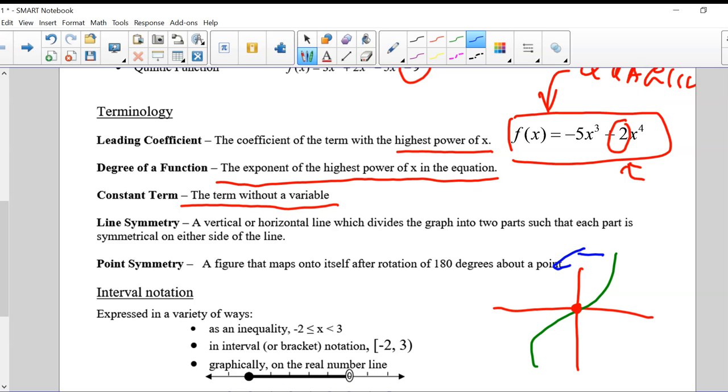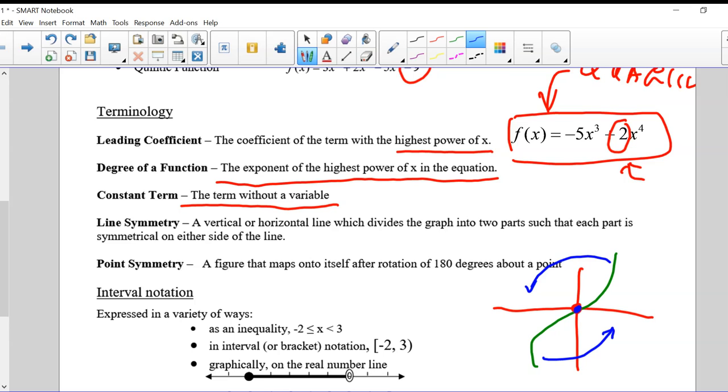Oh, well, that looks horrible. Horrible, horrible. Even me, I know that that's horrible. All right. Let's say this thing here was going to rotate this way, and this thing here was going to rotate this way. Eventually, you'd end up with a graph that looks exactly the same as it does right now, if that turn that you did was 180 degrees and the center of the rotation was right here at the origin. And that's what point symmetry is.